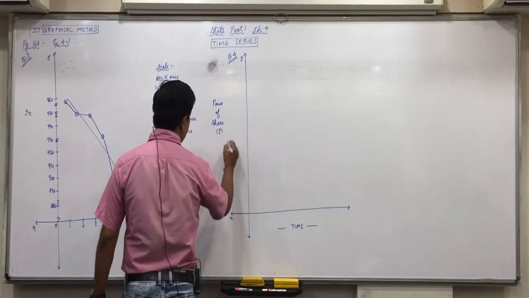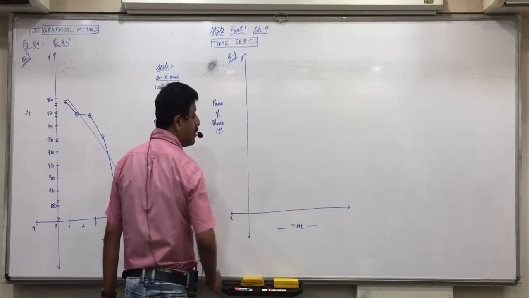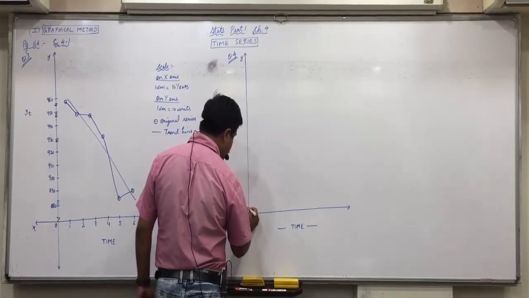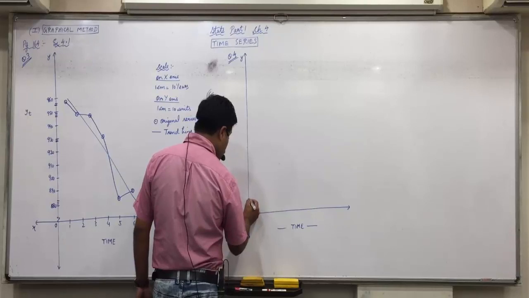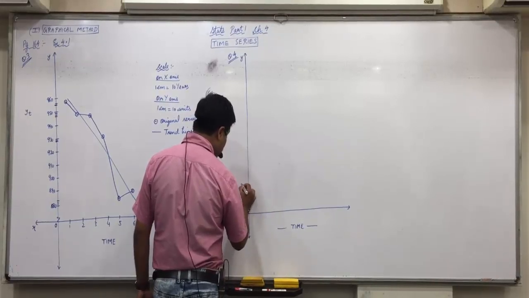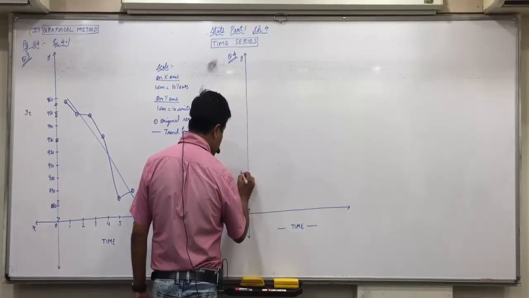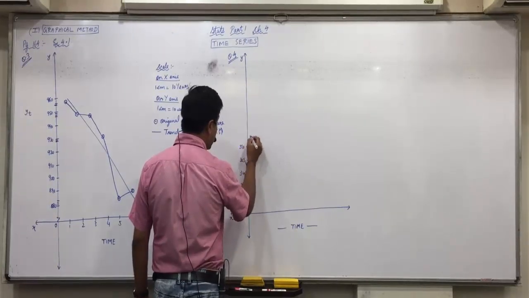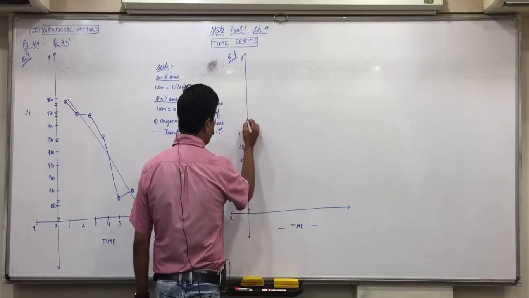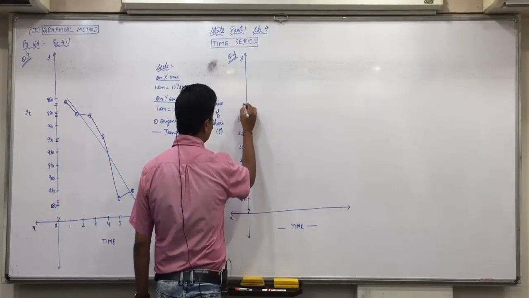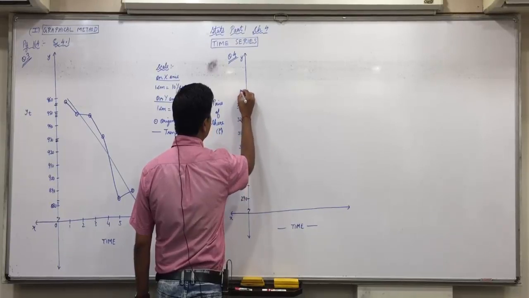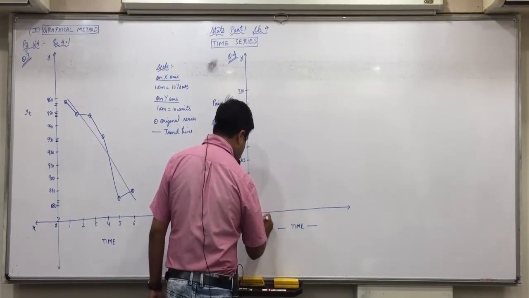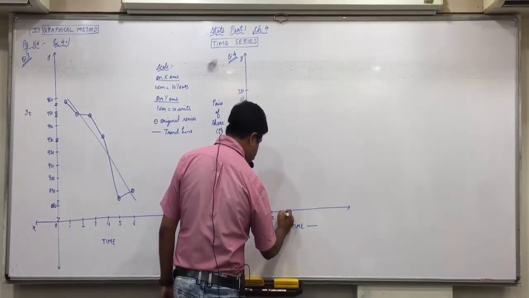Now the scale is 5, but we will directly start with 290, so again you will break the line here. 290, then 295, 300, 305, 310, 315, 320, 325, and up till 330. Here 1 till 10.